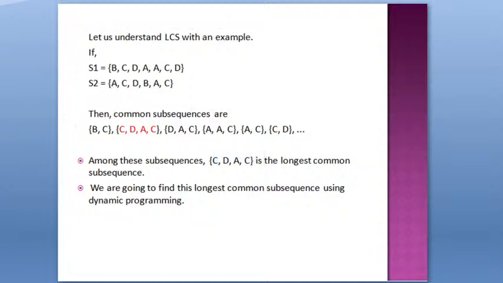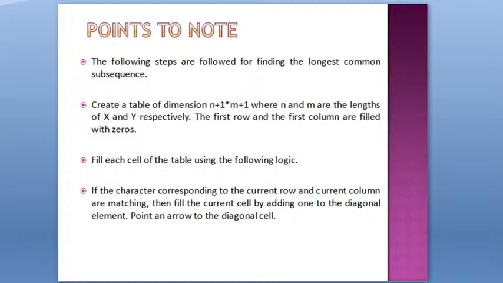Now, next is points to note. This is very important. So, first, some steps we need to follow before solving the examples. While solving it using dynamic programming, we need to create a 2D table of dimensions n plus 1 into m plus 1.